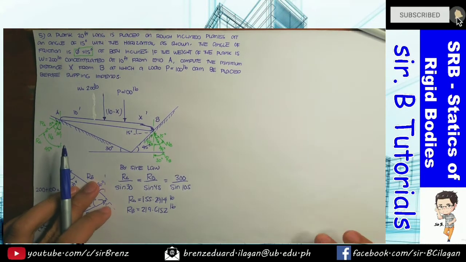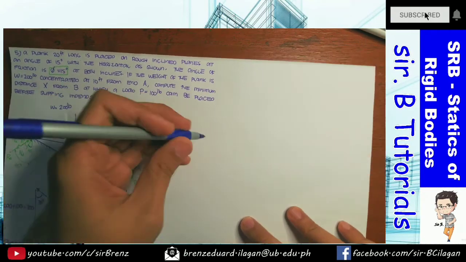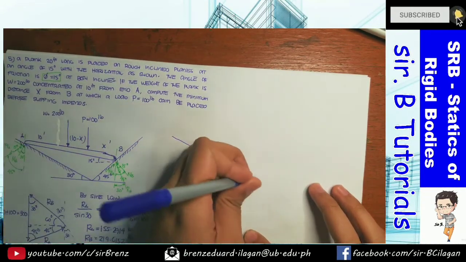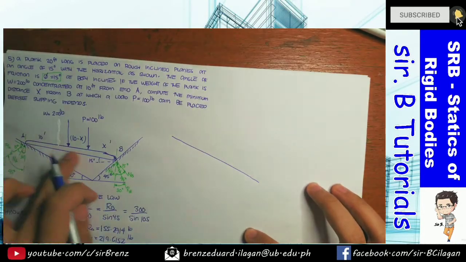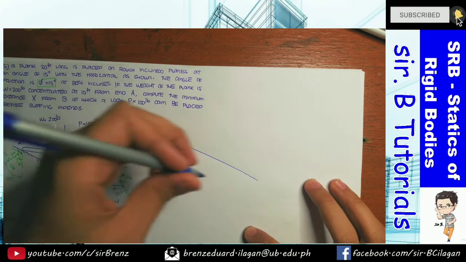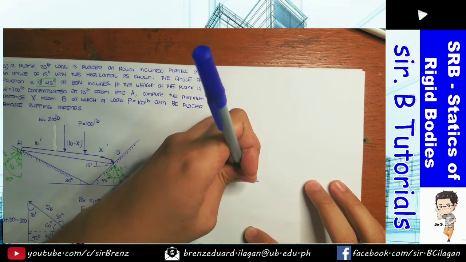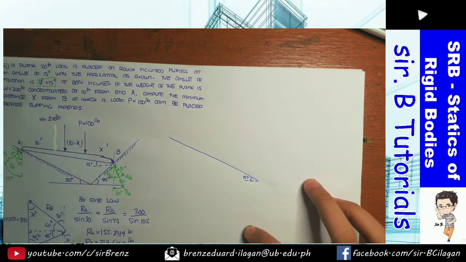Okay? So, ang gawin natin, i-drawing muna natin itong inclined plank na yan. So yan guys, yung iyong plank AB. So again, ang inclination niya is given as 15 degrees. Okay lang ba doon?